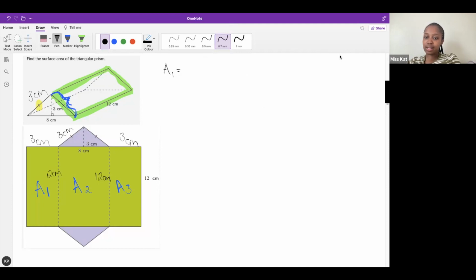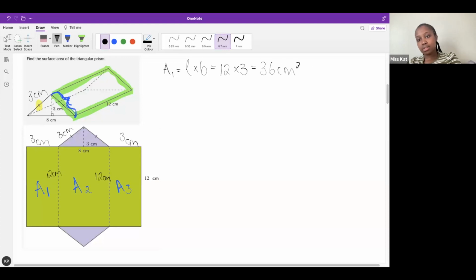Thank you. Length times breadth. And we have established that the length is 12 and the breadth is 3. So my area for shape number 1 is 36 centimeters squared.